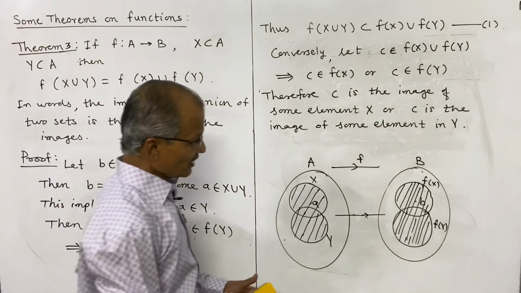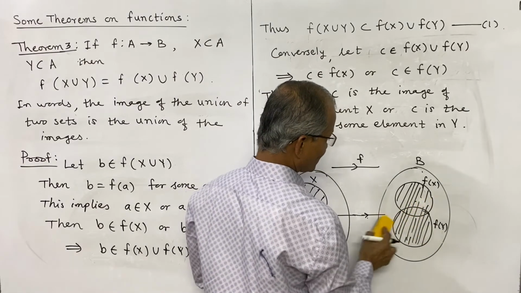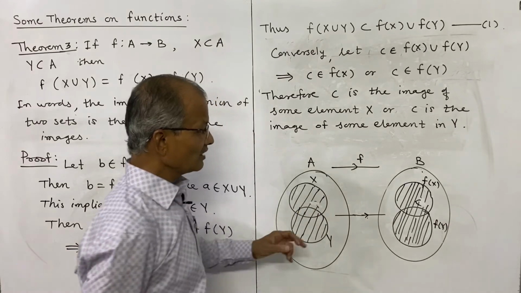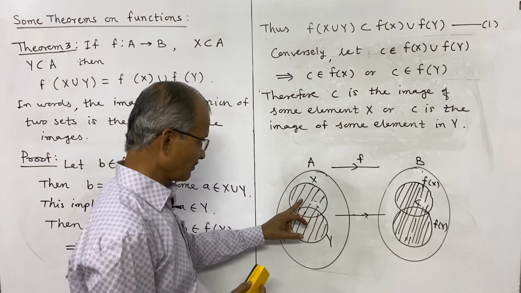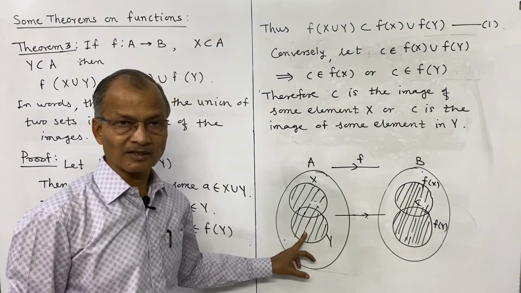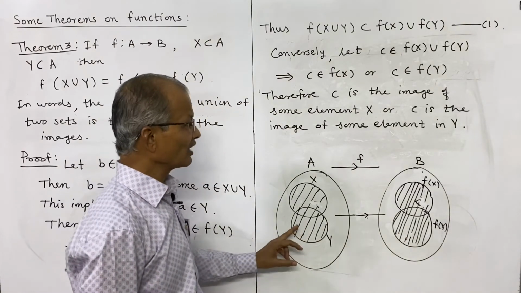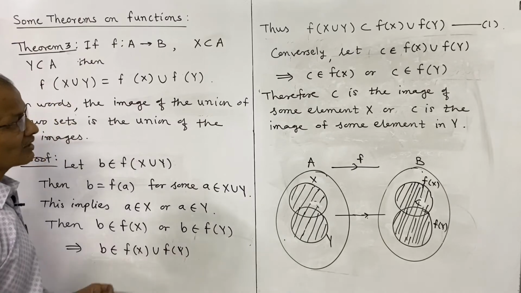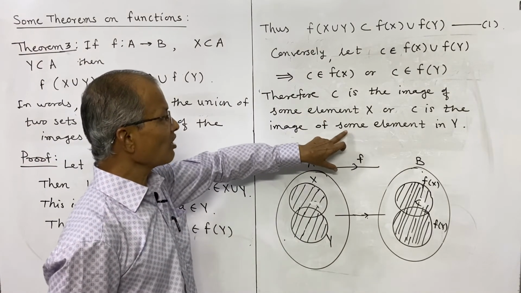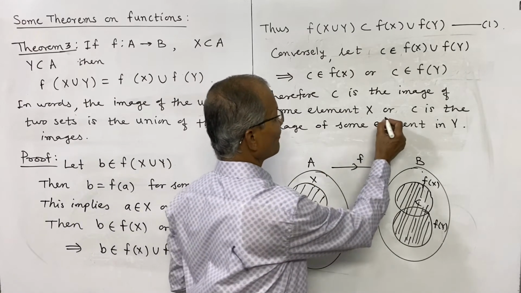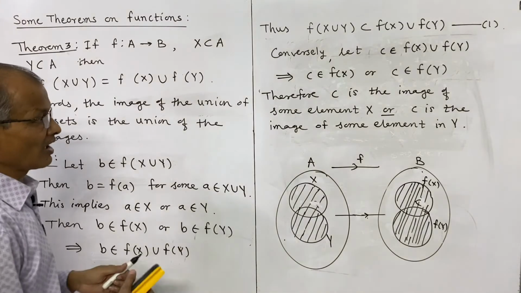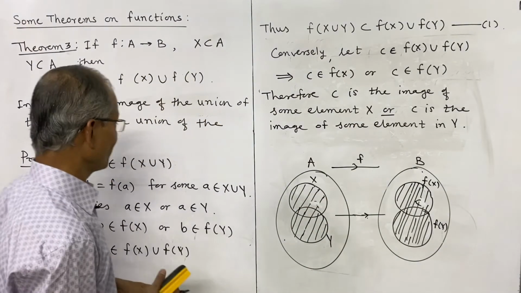So that means we are assuming here c is somewhere here. Then c is the image of some element here in x or here in y. If c is here, then its inverse image will be somewhere in y. And thus this implies c is the image of some element in x or some element in y, means c is the image of some element in x union y, which corresponds to the union operation.